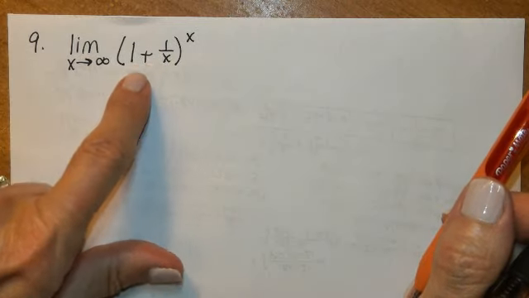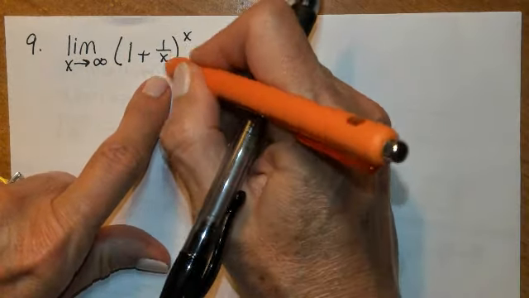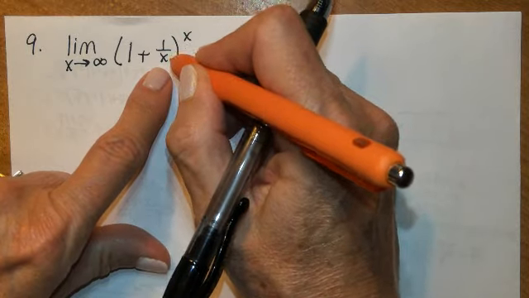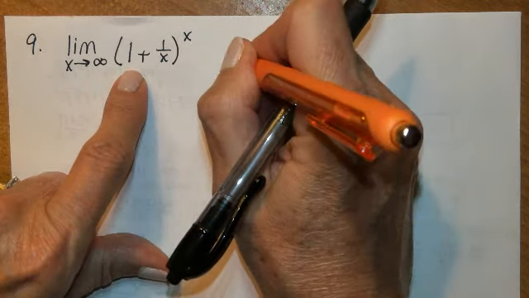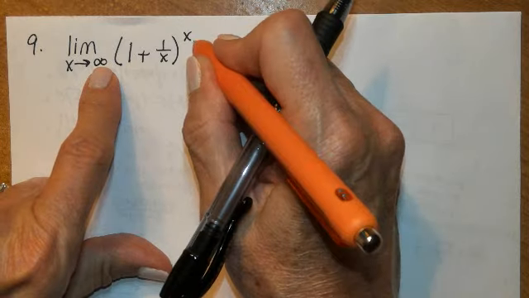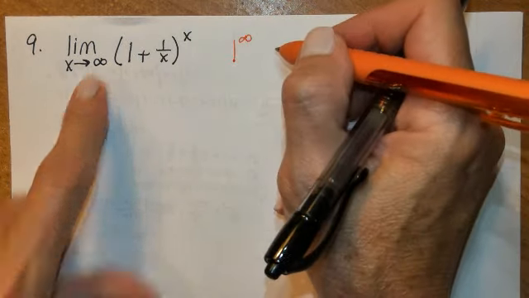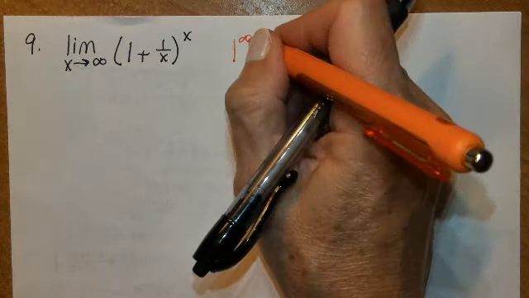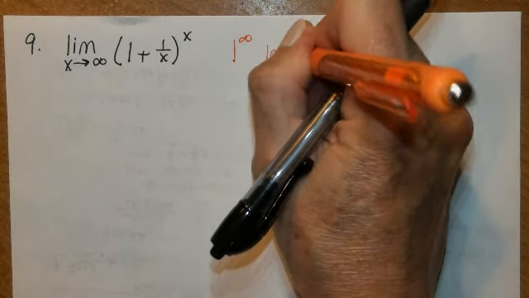If we do that, we're going to get 1 plus 0, because this little piece here, 1 over something going to infinity, is 0. So this is going to 1. The exponent is going to infinity. So this is going to 1 to the infinity. This is an indeterminate form.